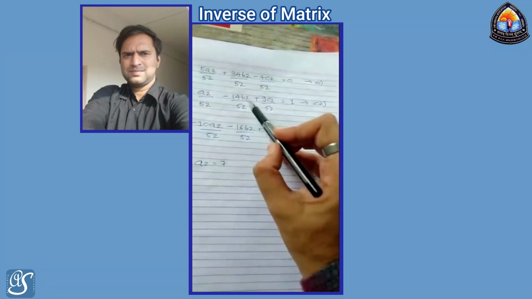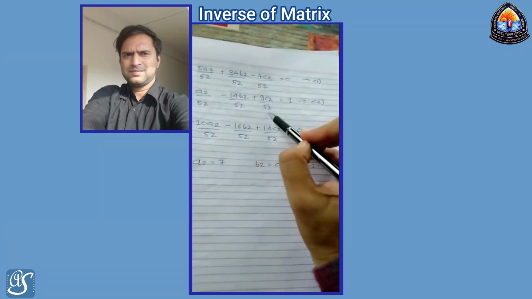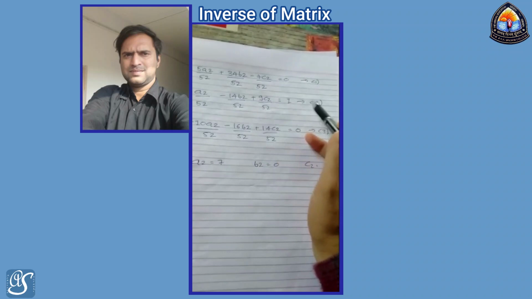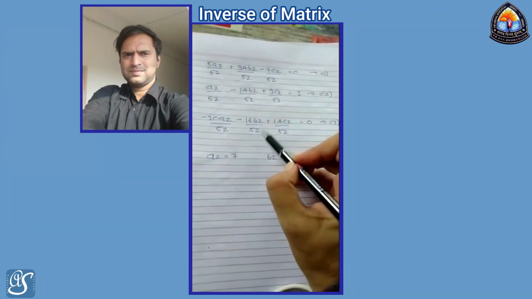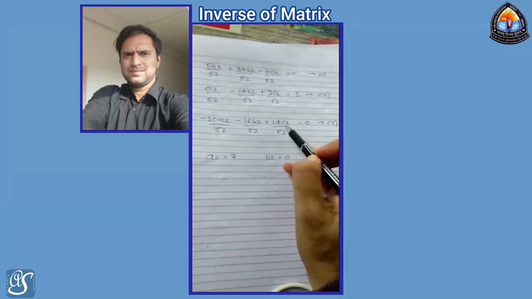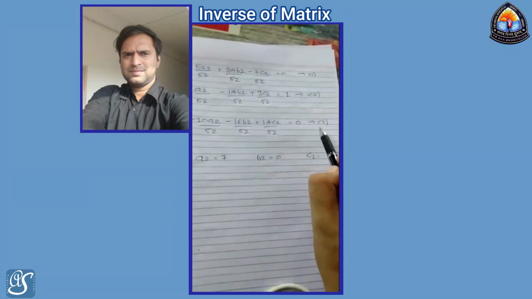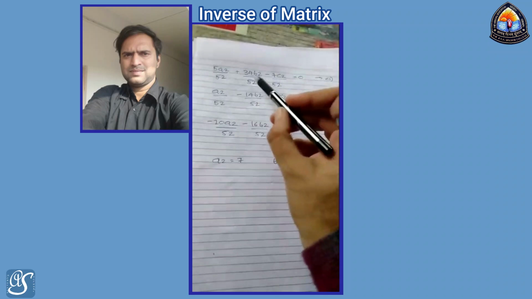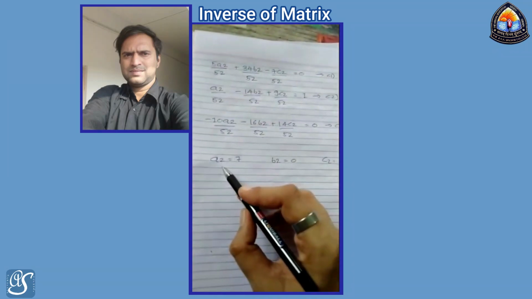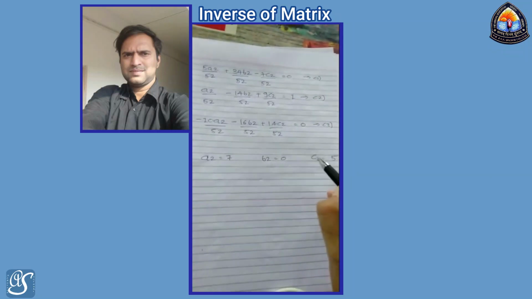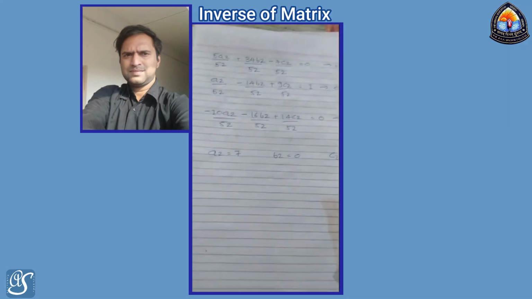A2 upon 52 minus 14B2 upon 52 plus 9C2 upon 52 is equal to 1, which is our second equation. Minus 10A2 upon 52 minus 16B2 upon 52 plus 14C2 upon 52 is equal to 0, which is our third equation. Solve these three equations and we will get the value: A2 is equal to 7, B2 is equal to 0 and C2 is equal to 5.